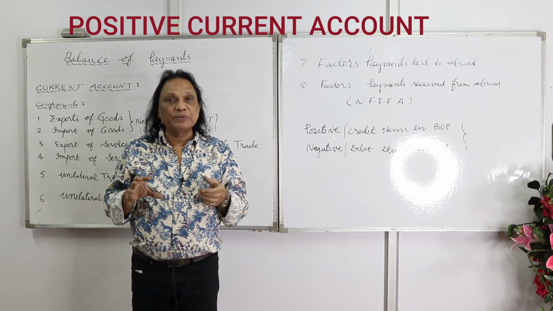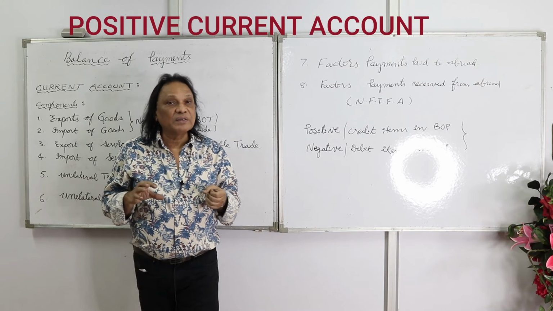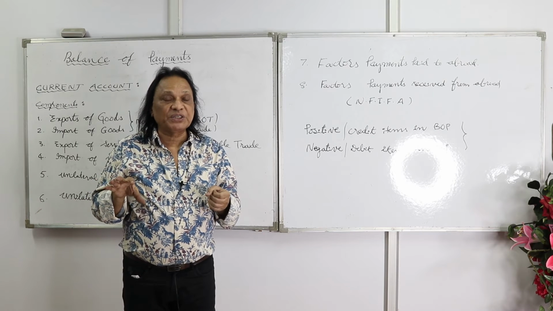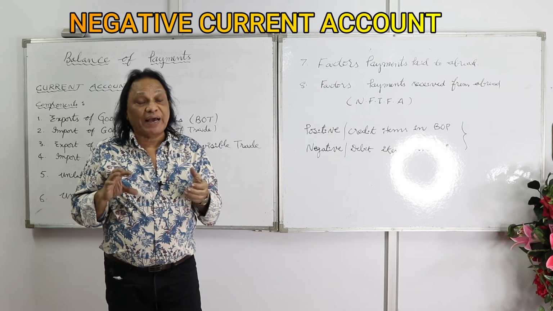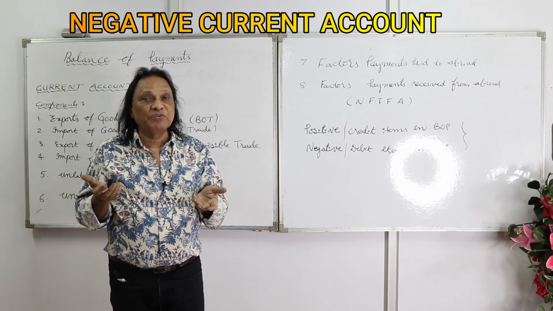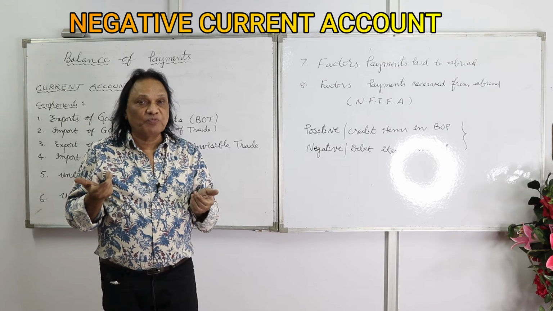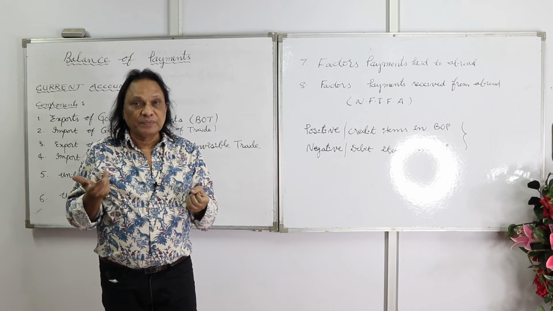There will be a negative or unfavorable current account of balance of payments when the value of imports of visible and invisible items is greater than the value of exports of both visible and invisible items.